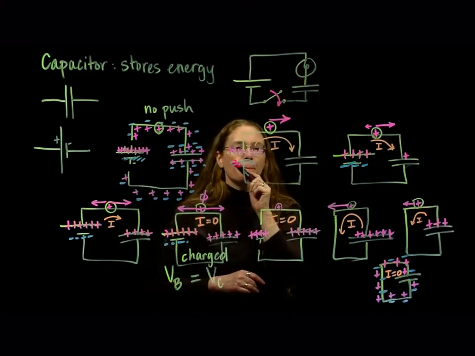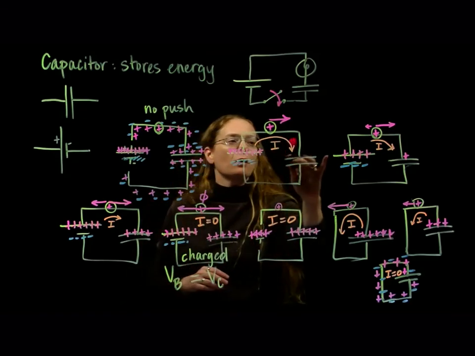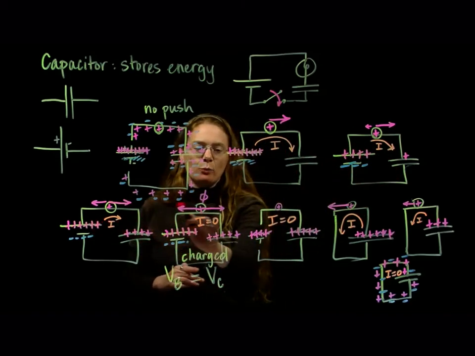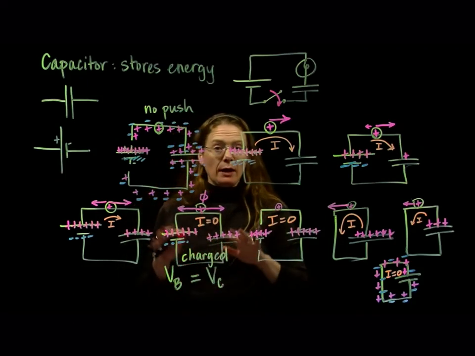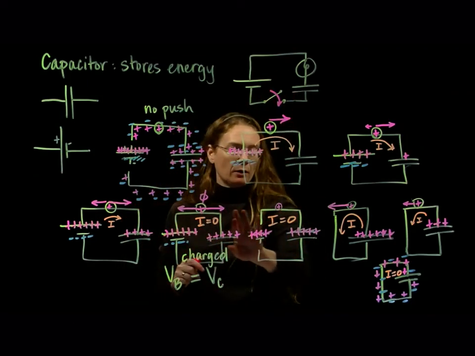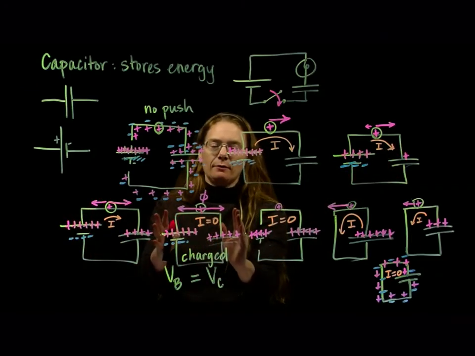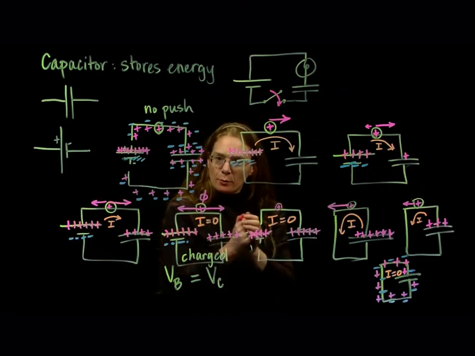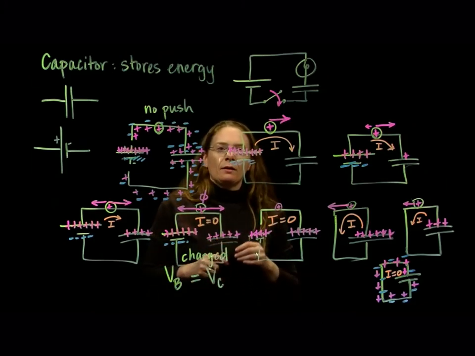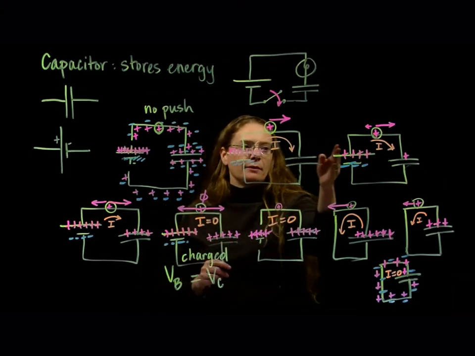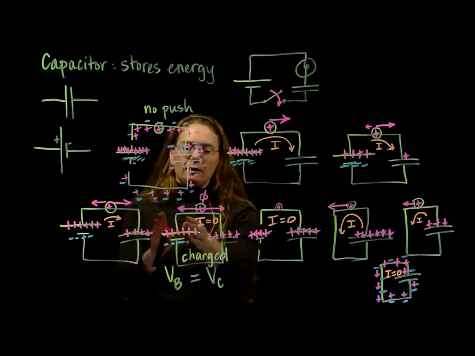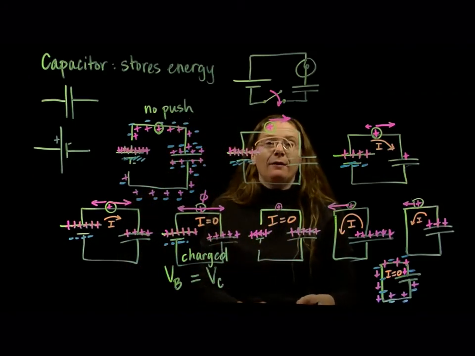Give it a moment. Think about the current flow as it became charged. Now we're not discharging, we're just charging up. We're not going to worry about this part. Just from here, up to charged. What do you think the brightness of the bulb is going to be? We start with a lot of current, now there's less current, now there's less current, now there's no current.